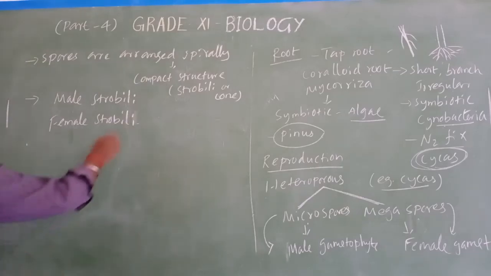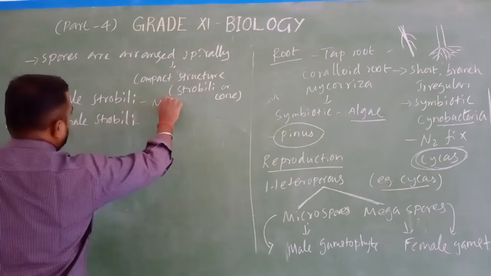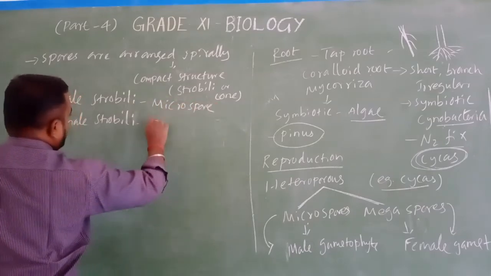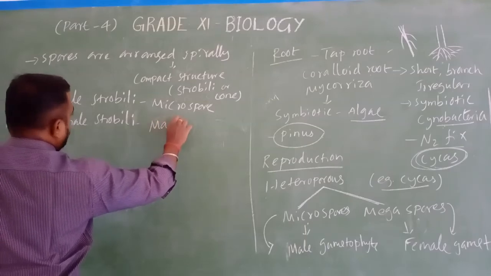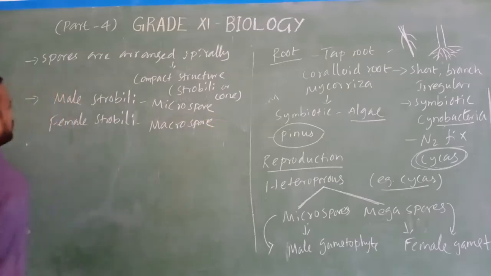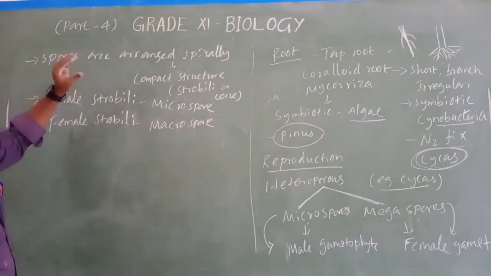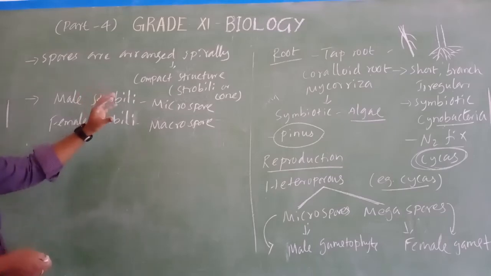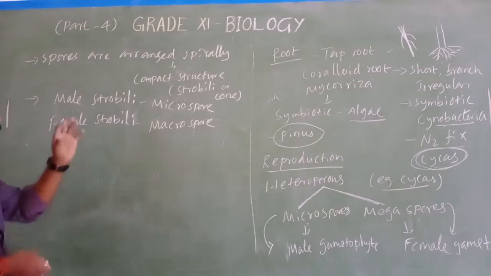Here the male one consists of microspores. The female one has macrospores. So the spores are arranged very closely and spirally. That compact structure is known as strawberry, the big cone.